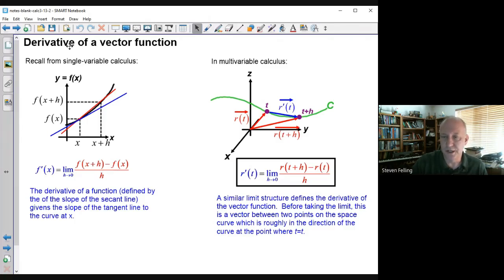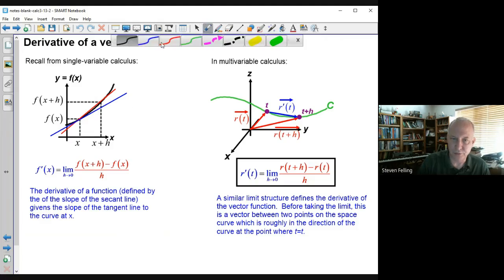Okay, so to build up the idea of a derivative of a vector function, recall from single variable calculus that if you have a domain x and then a range which is y as a function of x, and you represent that as a two-dimensional curve, the function curve, if we wanted to know the derivative as we are changing in the x direction, we would start at the value of x I want the derivative for.